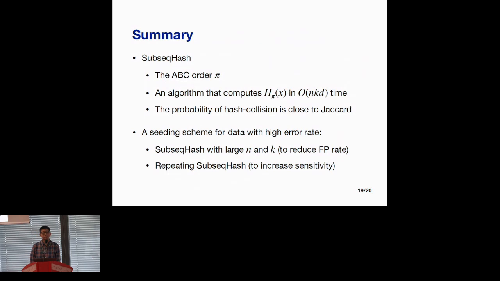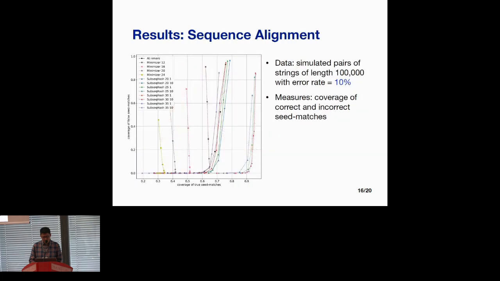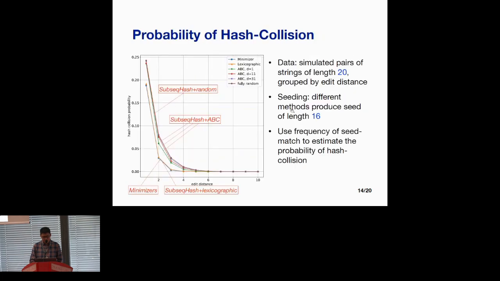The question is, you propose a new ordering. Did you use the same ordering for your minimizer scheme, or did you use random? For minimizers, I think we use a random order. Yeah, random order is used for minimizers. So you didn't test the difference? We also included the random order for subseq hash, and the ABC order is the best.